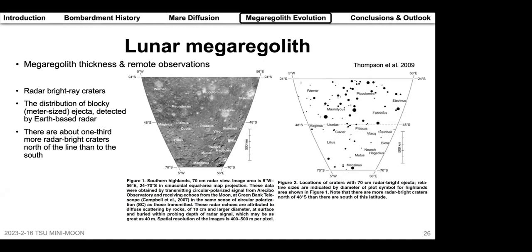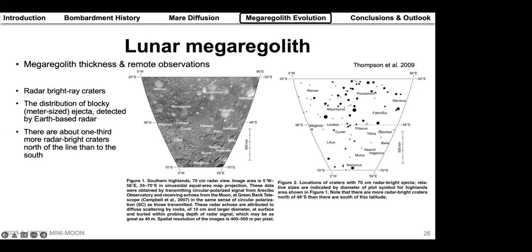On the right part, you can see that there is a significant difference between the north part and the south part. The south part has more bright ray craters compared with the north part.